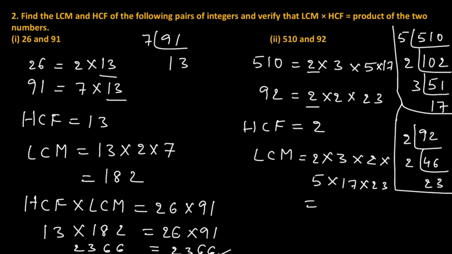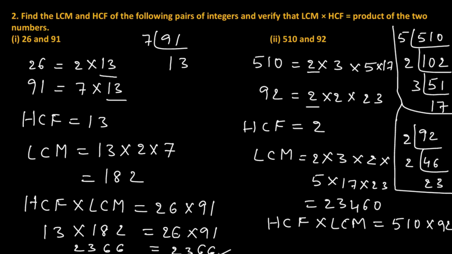What will be the LCM here? You will get the multiplication exactly as 23,460. So HCF into LCM is equal to the product of the above numbers, 510 into 92.